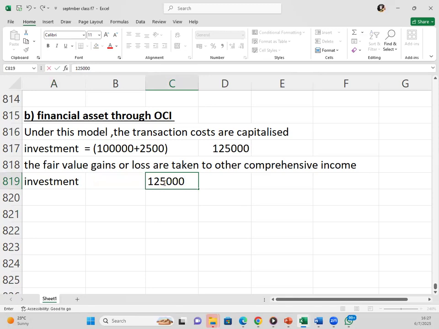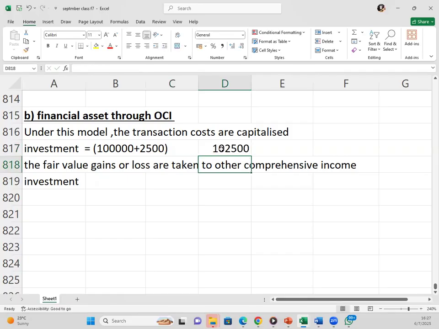I think I made a mistake there. Is it supposed to be 125? No, it was 2.5, not 25,000. Let's adjust there. So we are going to recognize an investment of that.